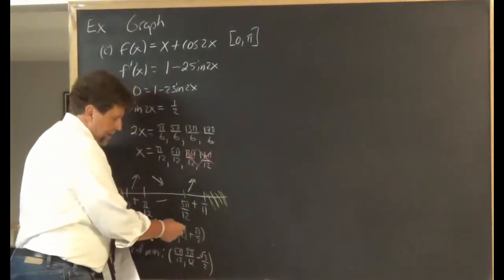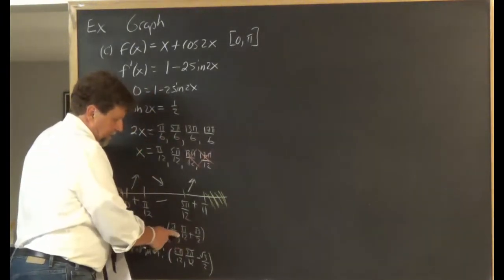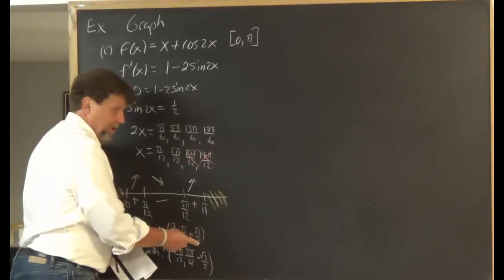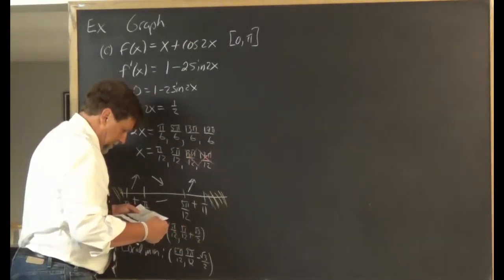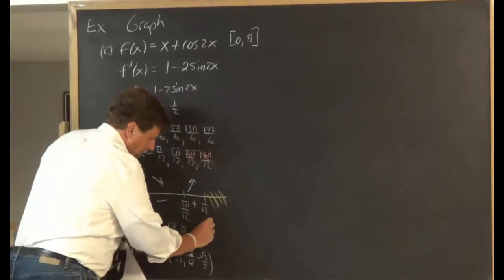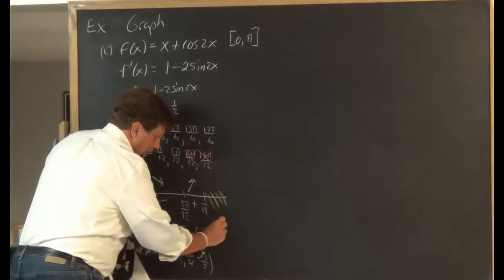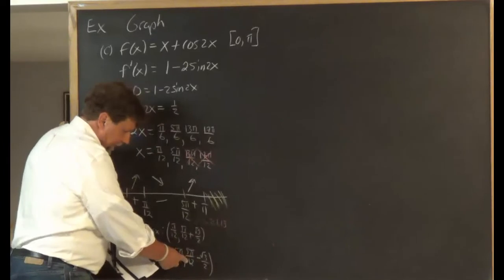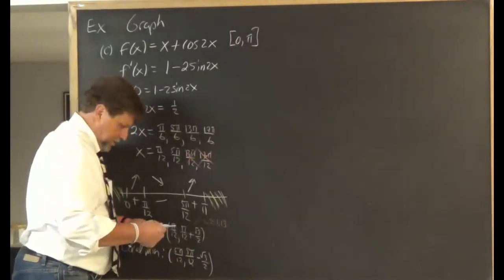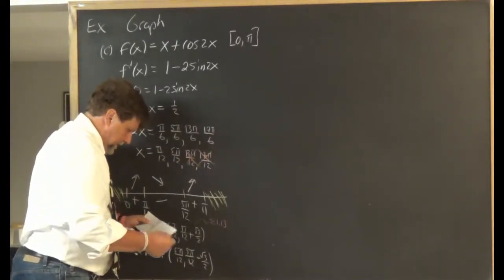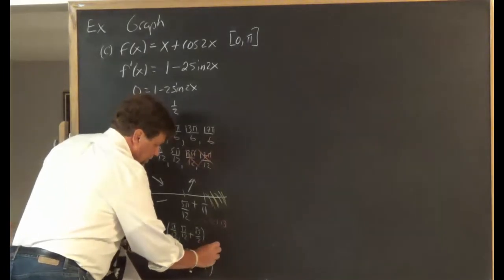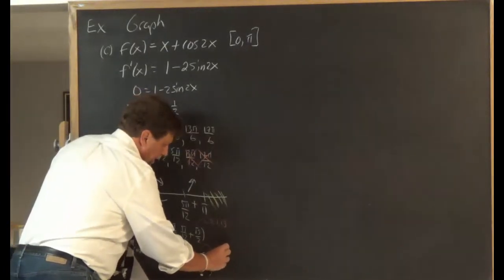So I would see what the decimal approximation for pi over 12 plus square root 3 over 2 is, and I have that approximation, and I'm just going to write it off to the side here. That's about 1.13, and 5 pi over 12 minus square root 3 over 2, that is close to 0.44.